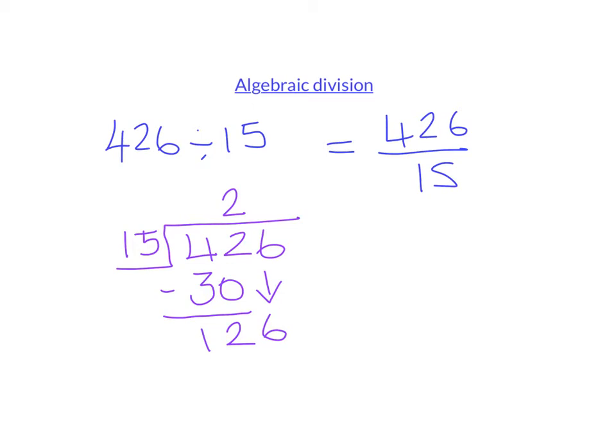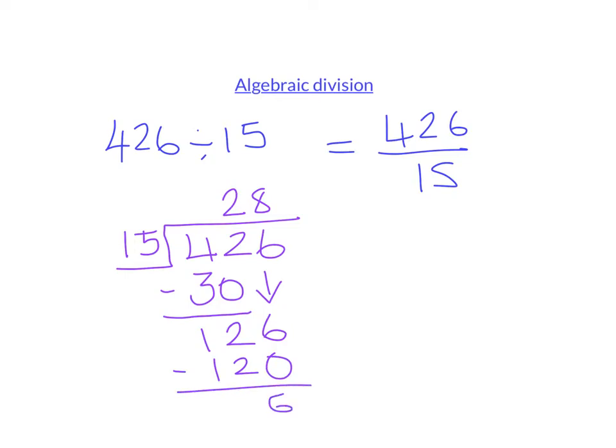And the question I'm now asking is, how many 15s can I get into 126, or what would I multiply 15 by to get a number equal to or less than 126? Well, I could multiply 15 by 8, and that would give me 120, and I'd have a remainder of 6.